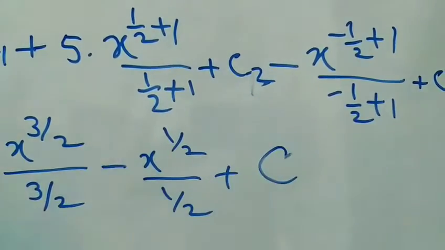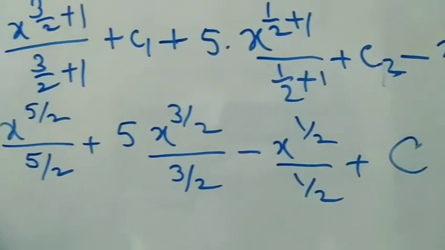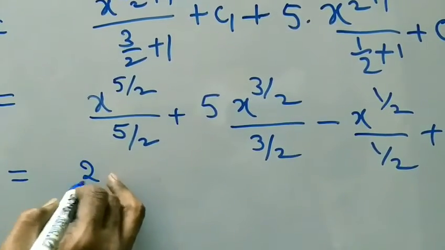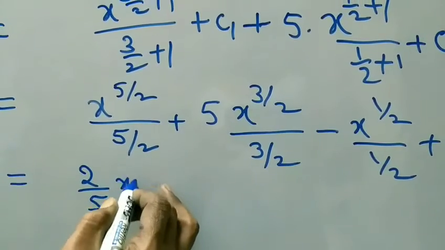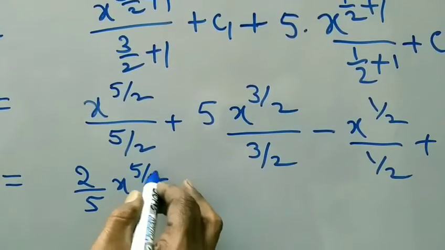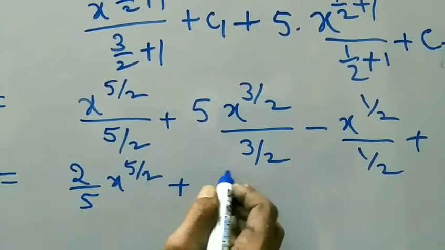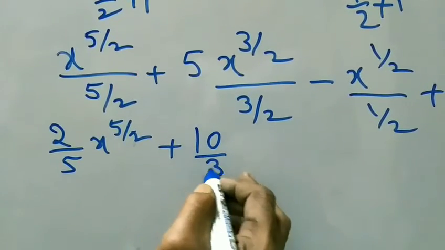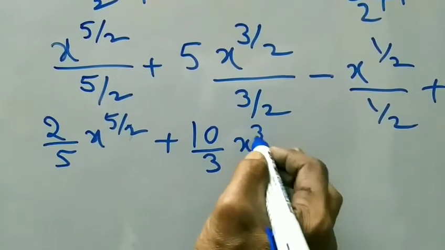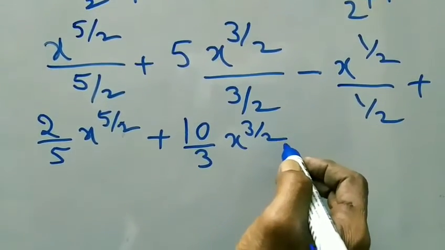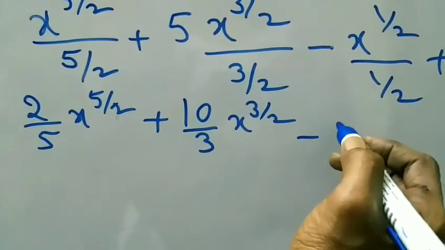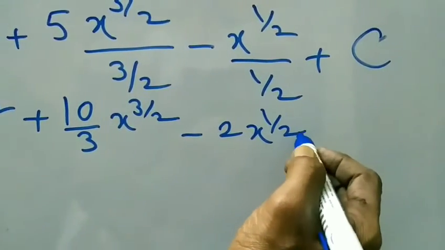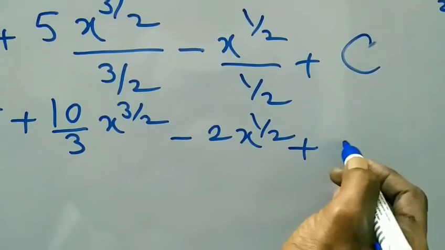This is equal to 2/5 x to the power of 5/2 plus 10/3 x to the power of 3/2 minus 2 into x to the power of 1/2 plus c.